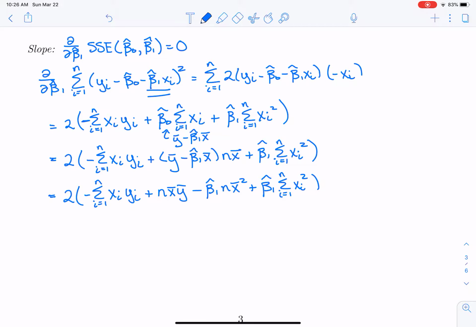And then the goal here is to set that derivative equal to 0.